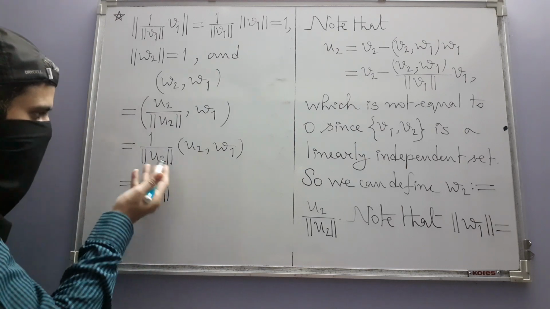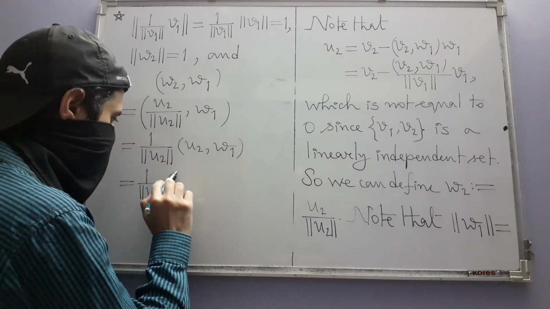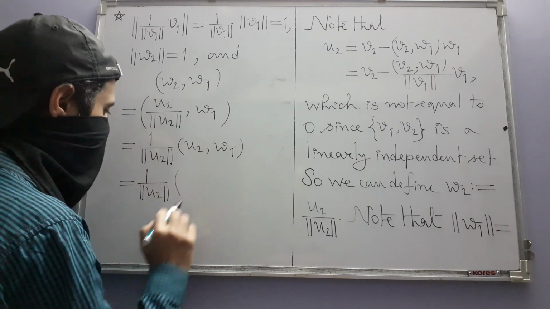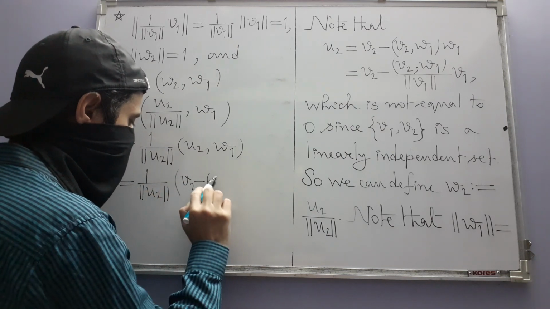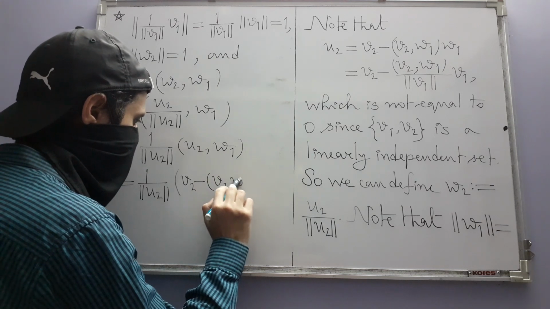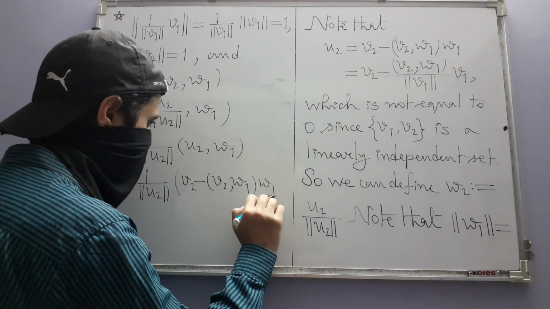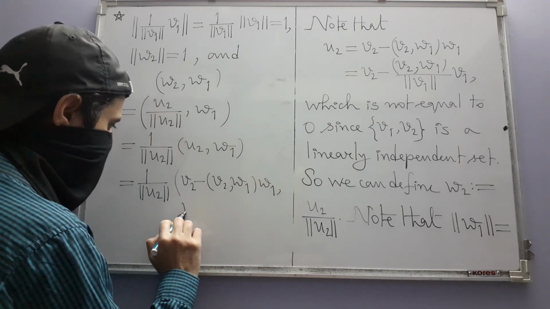Not here because this serves no purpose other than just simply being here. So U2 is V2 minus V2 comma W1 times W1.